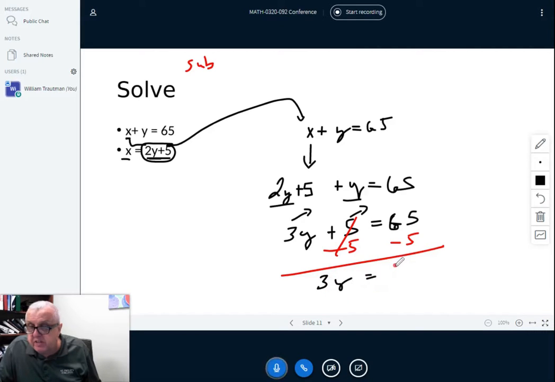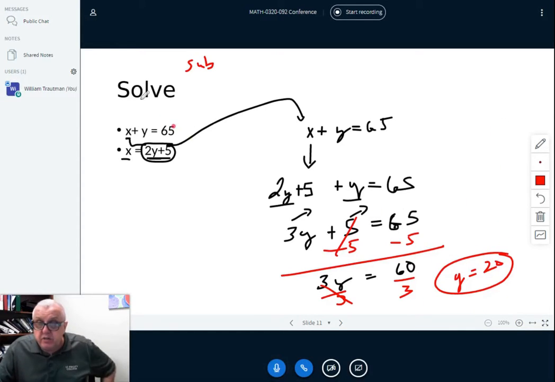3y equals 65 minus 5 is 60. Then I'm going to divide both sides by 3. Divide both sides by 3. And y equals 60 divided by 3 is 20. If y is 20, then what plus what 20 equals 65? X plus y equals 65.